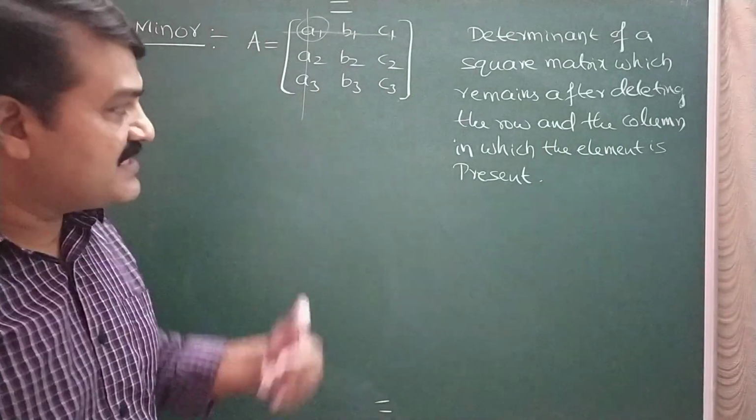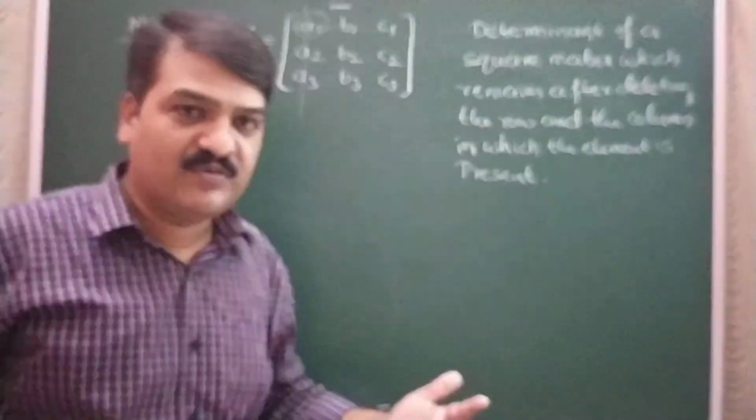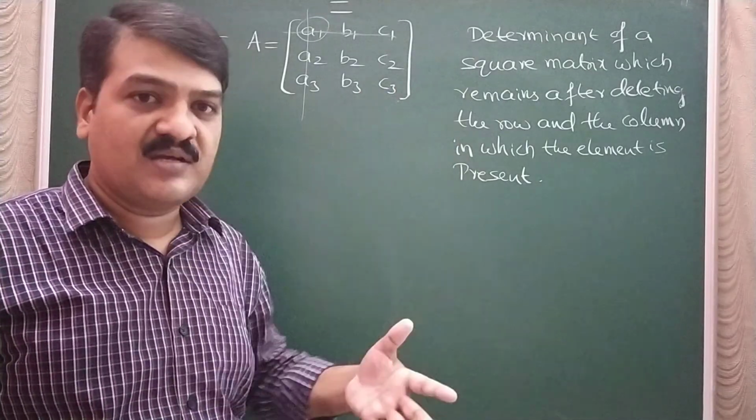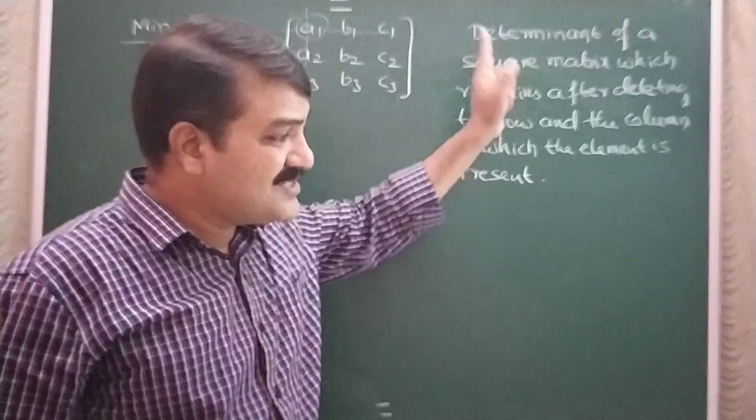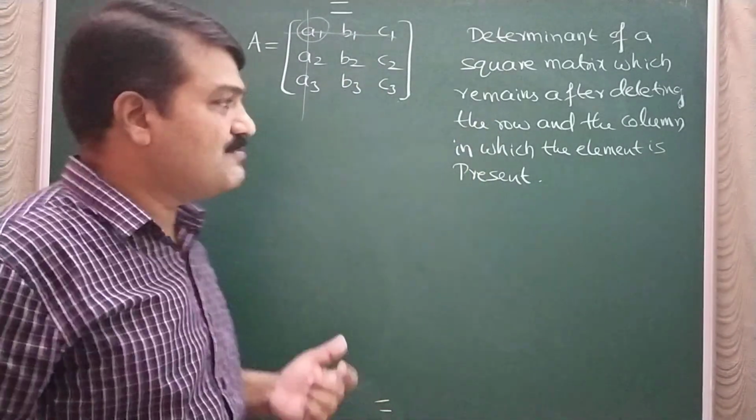The element is present in which row, which column, you have to see. Remove that row, that column. Whatever matrix is left, the determinant of that square matrix will be taken as the minor.